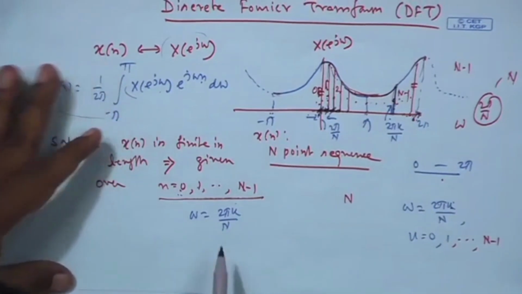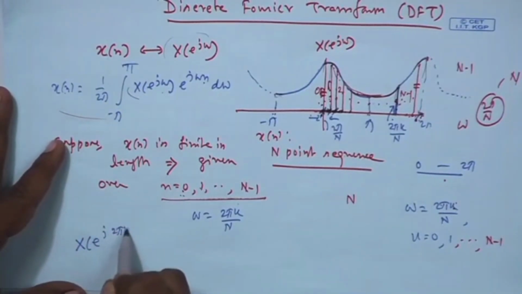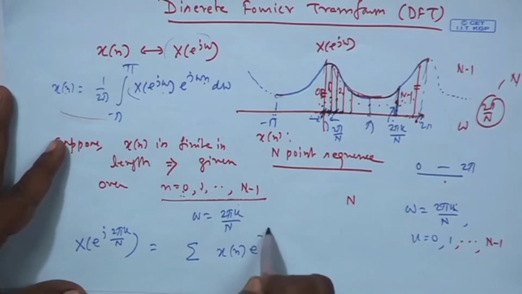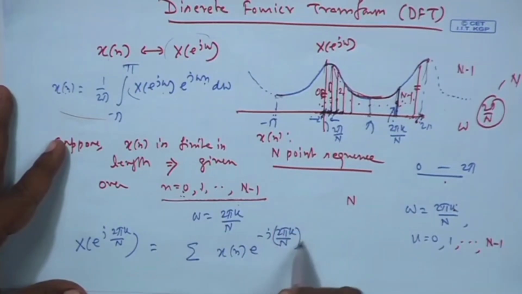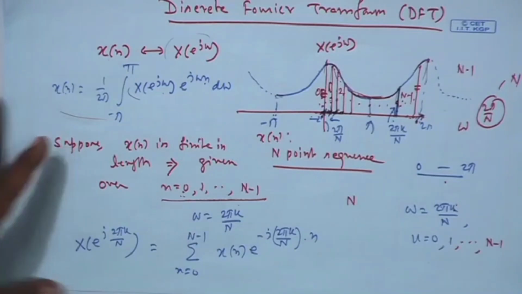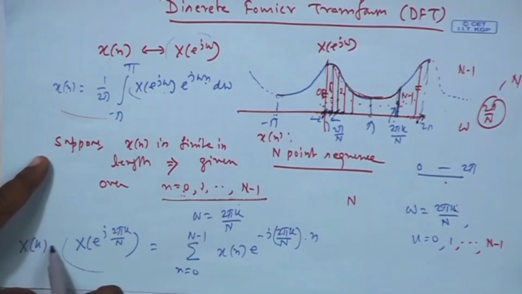That DTFT will be X of e to the power j, instead of omega, 2 pi k by N. So, by the DTFT formula, it will be x[n] e to the power minus j omega n, but omega is this, 2 pi k by N, this much omega into small n, and small n will be over the range, but the range is not from minus infinity to infinity, the range is only over this. Then instead of writing it as capital X e to the power j 2 pi k by N, in short we just write it as a function of k.